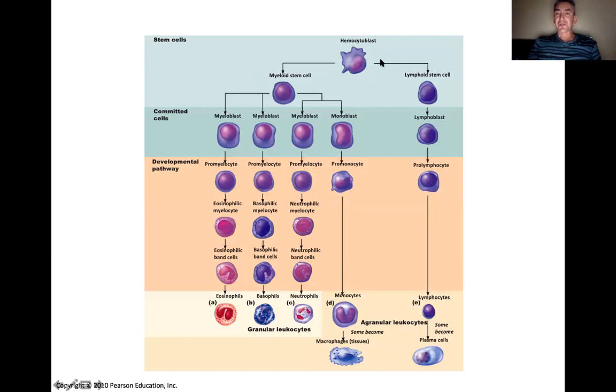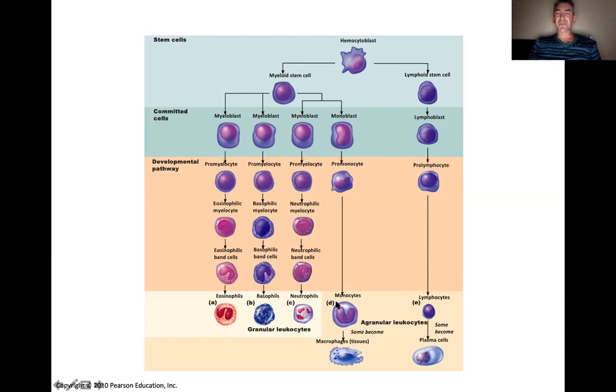If we go to the lymphoid stem cell or the myeloid stem cell, that will determine the lineage of leukocyte that we're going to have, right? So if we go this path, nucleus stays intact, and we end up with the lymphocyte. If we go down this path, we can go through 4 different pathways to generate the eosinophils, the basophils, the neutrophils, and the monocytes.